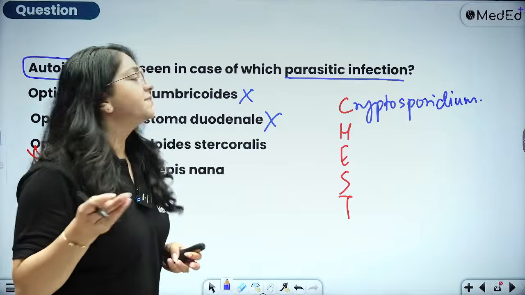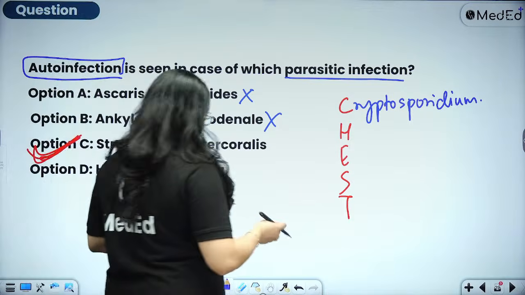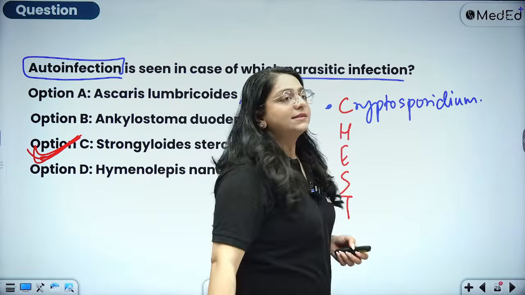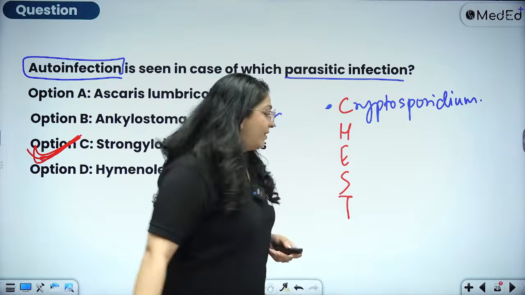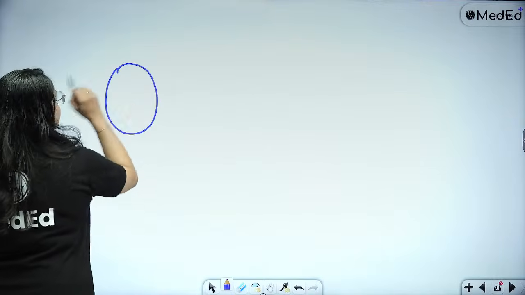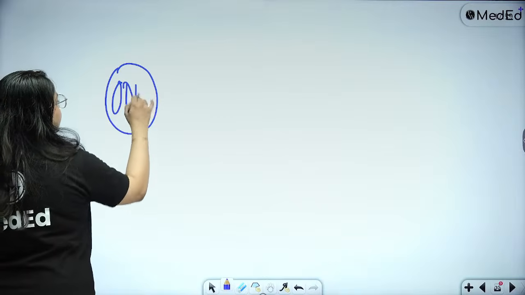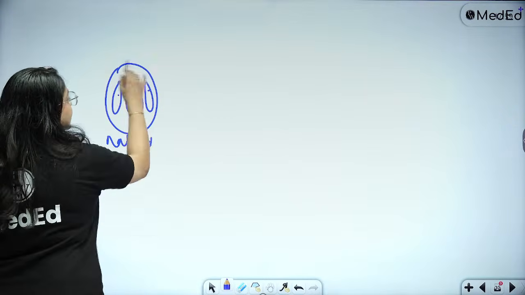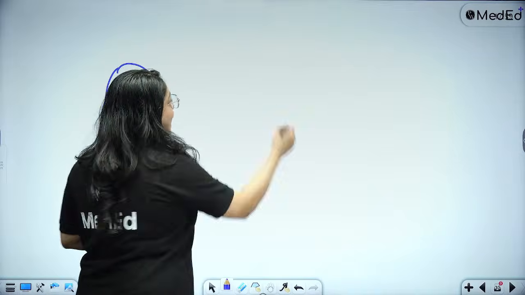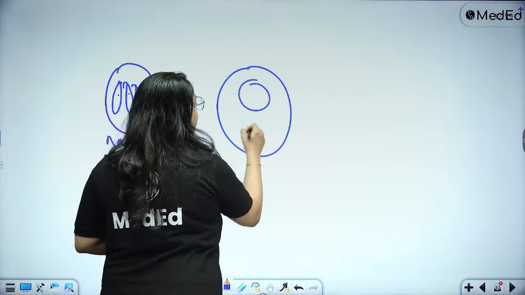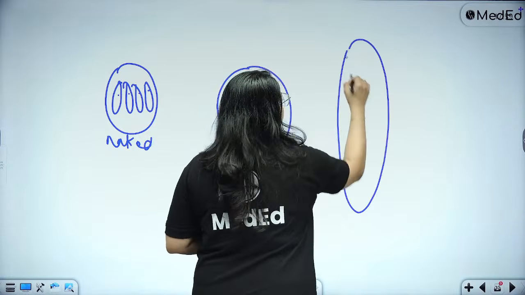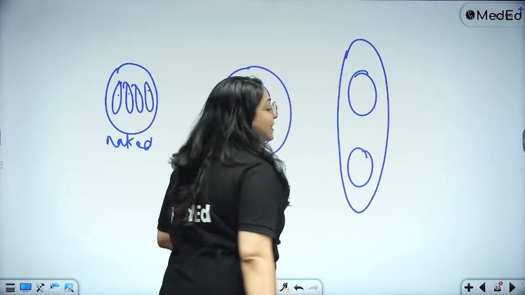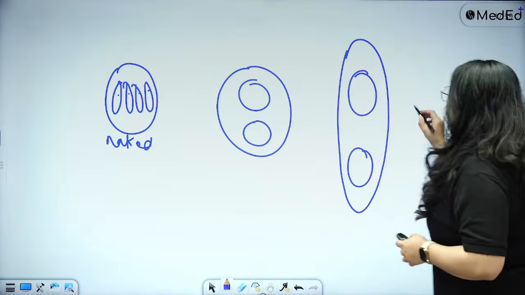Some say coccidian parasites, but it is Cryptosporidium. Why? Among the 3 coccidian parasites, Cryptosporidium has naked sporozoites, 4 of them. It only has a single cyst wall, whereas Cyclospora has 2 cyst walls and Cystoisospora also has 2 cyst walls. That is why it is called Cystoisospora.